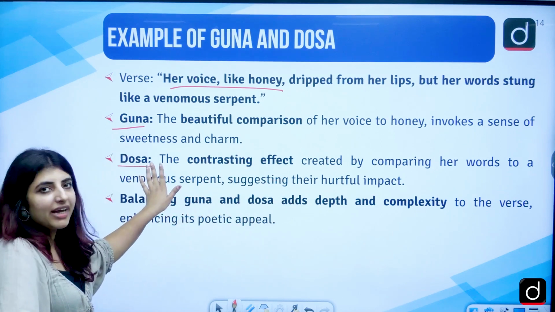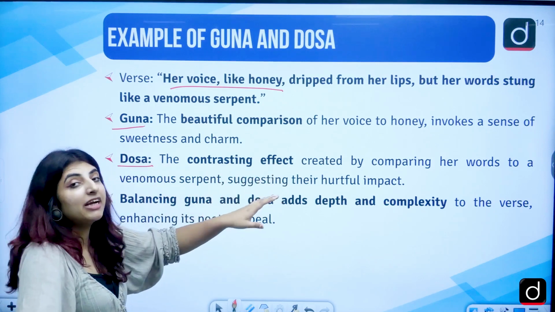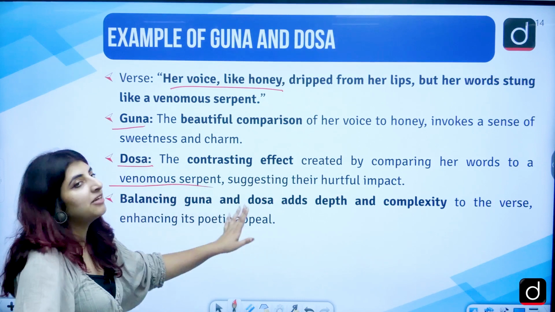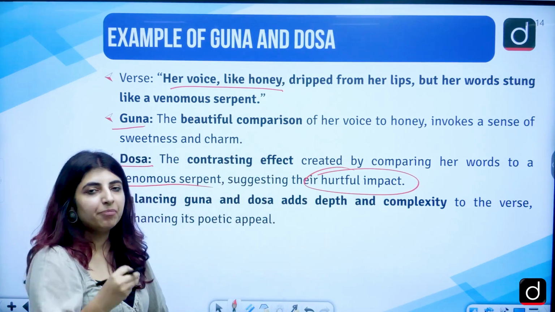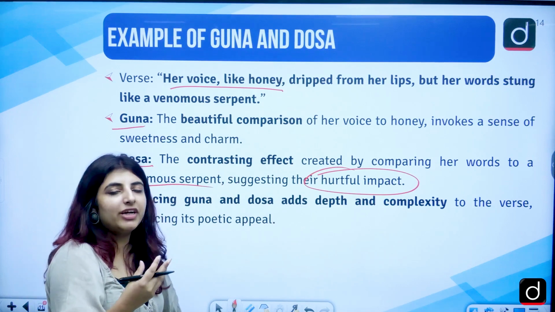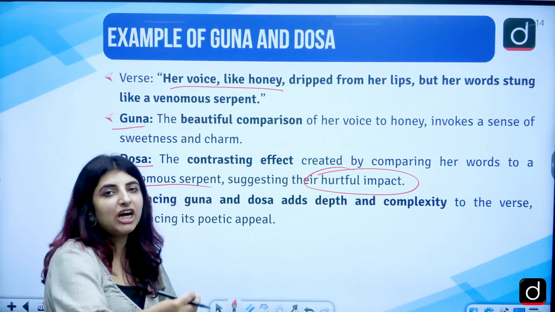Right? Dosh kya hai? And it is not dosa, it's dosh, of course. Contrasting effect created by comparing her words to a venomous serpent. Hurtful impact. Sometimes people, even if they have a sweet voice, they do say such things which are hurtful.